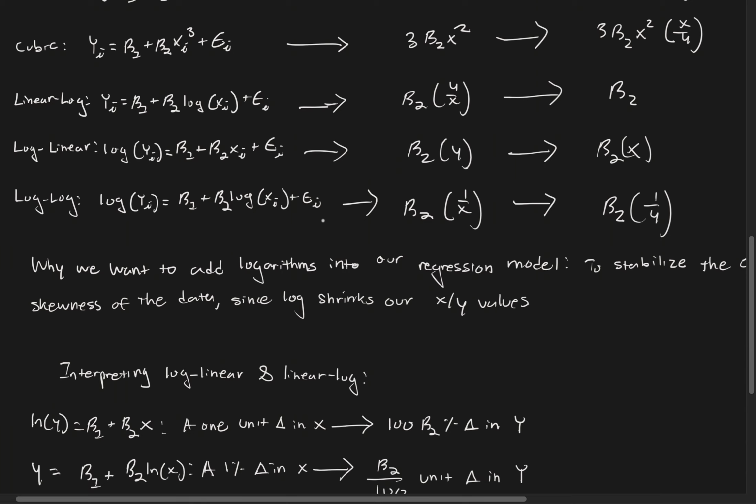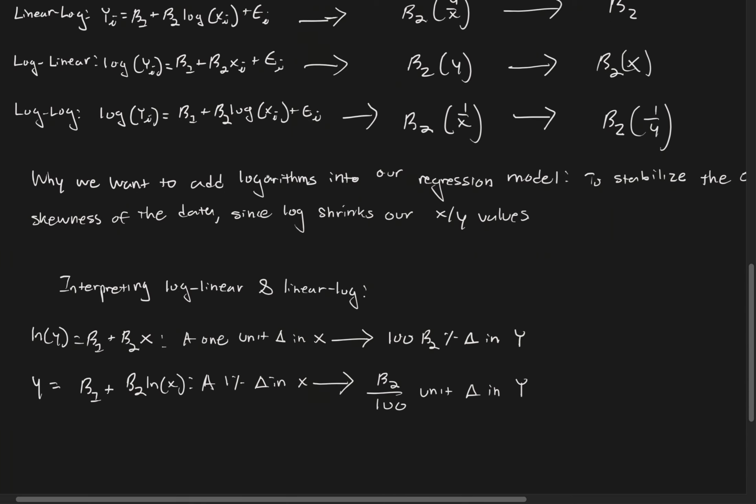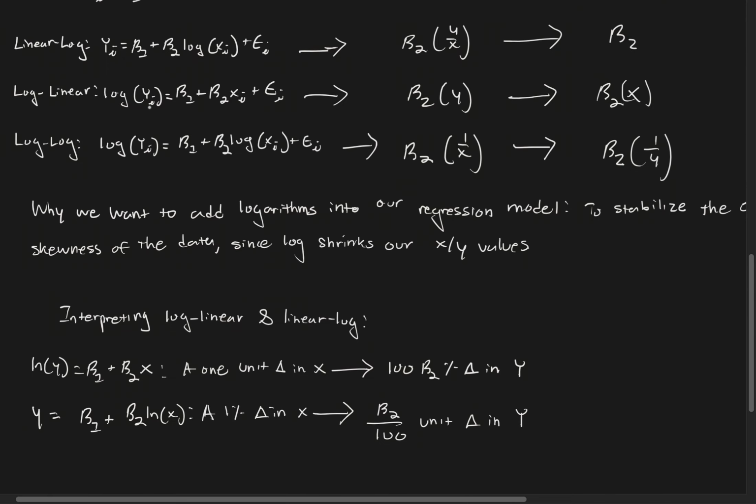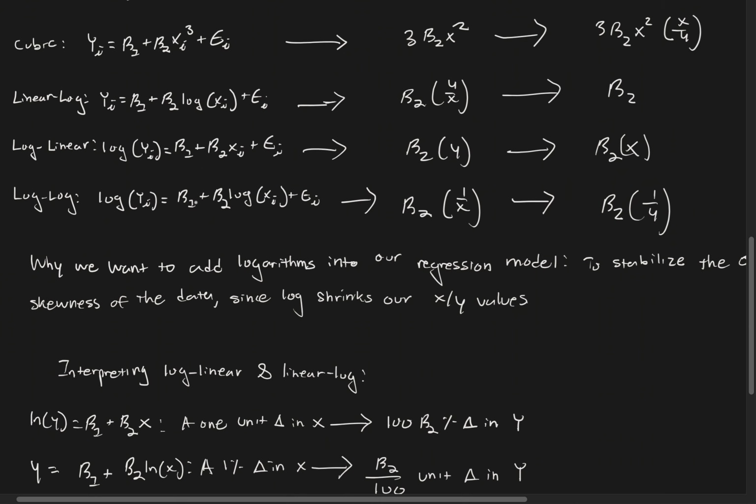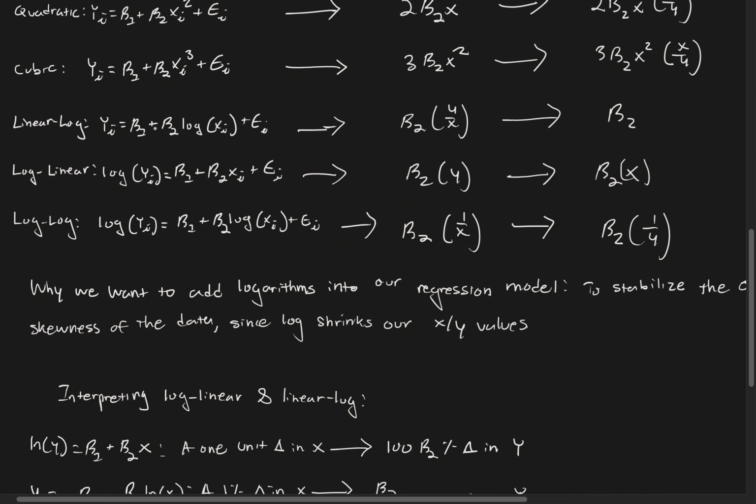And so remember that logging a variable essentially shrinks our x or y values. I say x or y because we can also log the y value. And by shrinking it, for let's say a linear log model right here, we might want to log the x variable because in comparison to our y variable, our x variable is too big.